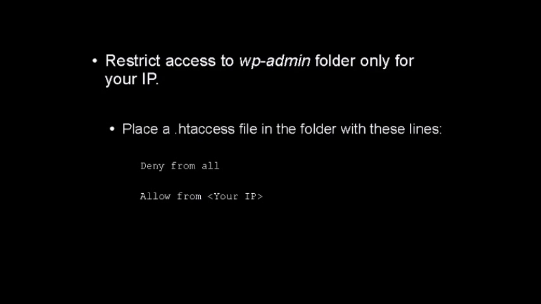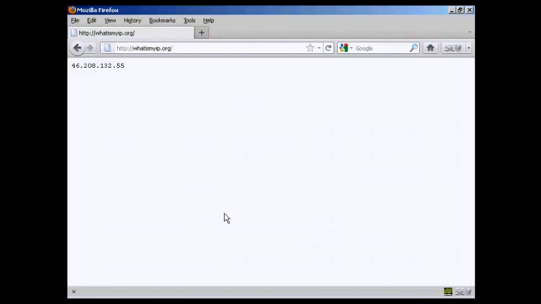You want it to say deny from all, then you have a blank line, and then you say allow from, and you put your IP address in the tag there. And you can see what your IP is at this URL, which is whatismyip.org.